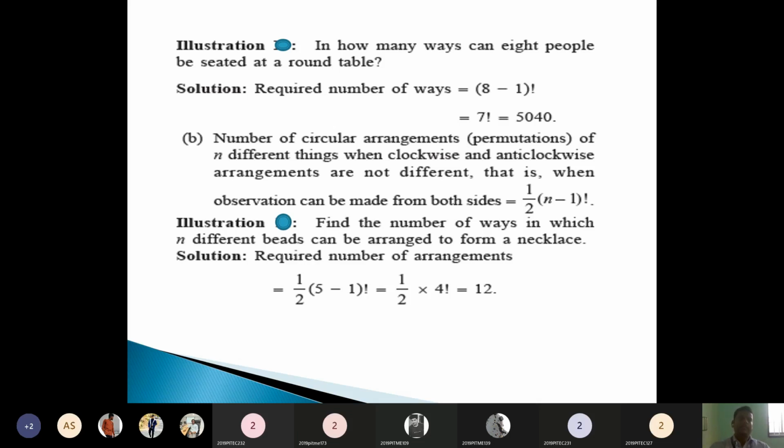So here we have to use the formula for when clockwise and anti-clockwise arrangements are not different, 1 by 2 of (n minus 1) factorial. So it's equal to 12.